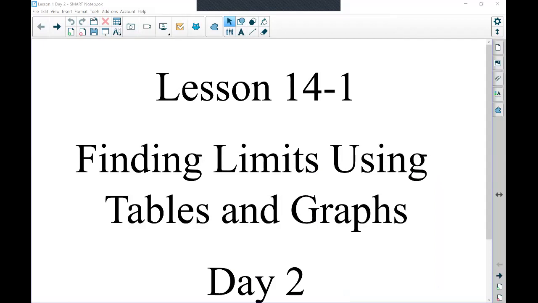There are a couple of things that are kind of interesting with making graphs on your calculator that I want to show you as well. So I'll do that kind of as we go through.